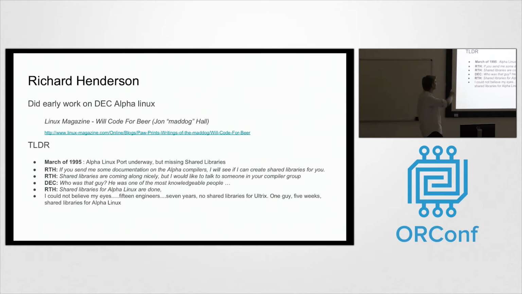But basically, the DEC Alpha guys were working on the Linux port in 1995, and they were building their proprietary Unix version. But the guy who was running the project, Jon Mad Dog Hall, he's a famous Linux guy.